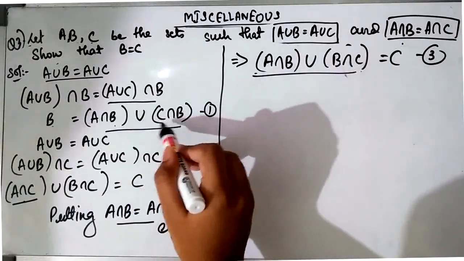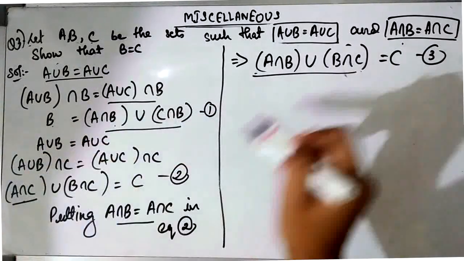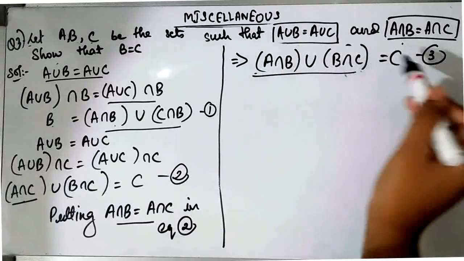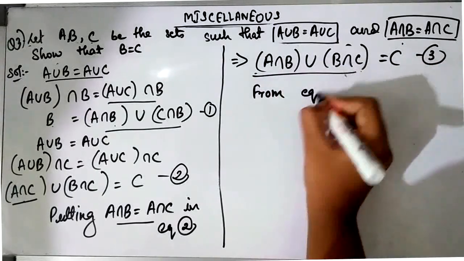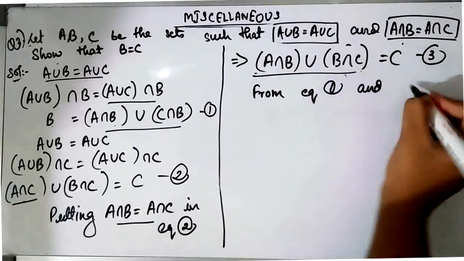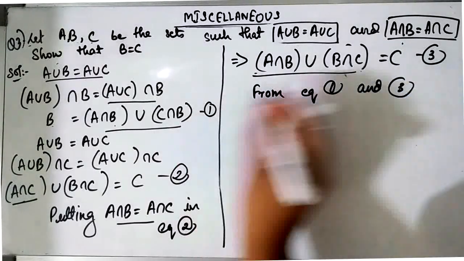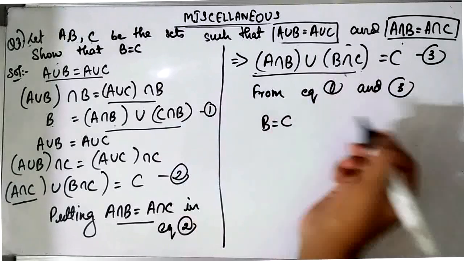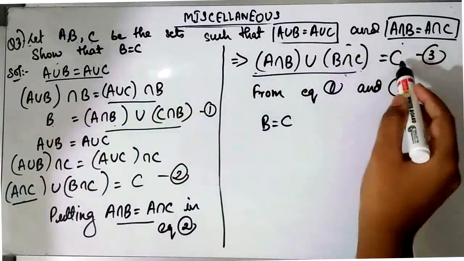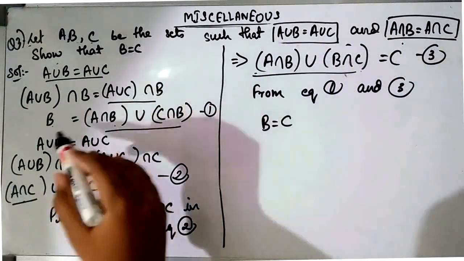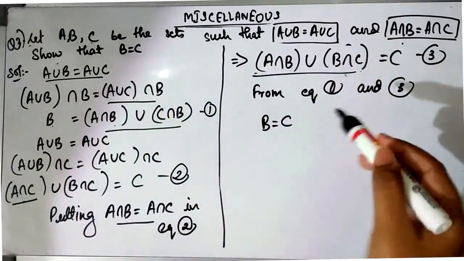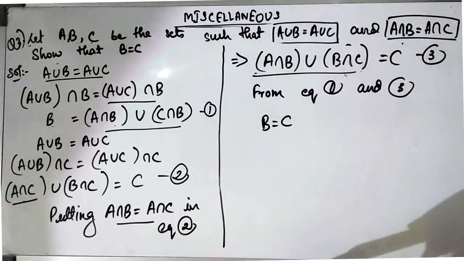In the first equation this was equal to set B, and in the third equation the same thing is equal to set C. So from equation 1 and 3 we can say that set B is equal to set C, because they were equal to the same thing. So that means they are equal to one another, and we have proved that set B and set C are equal.